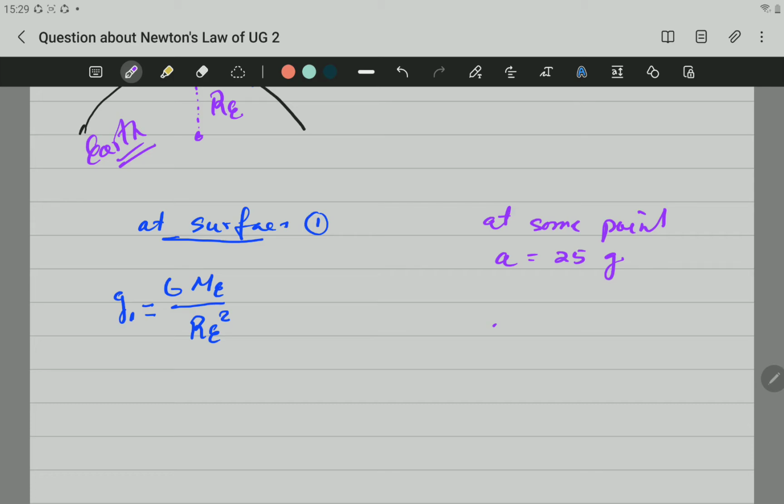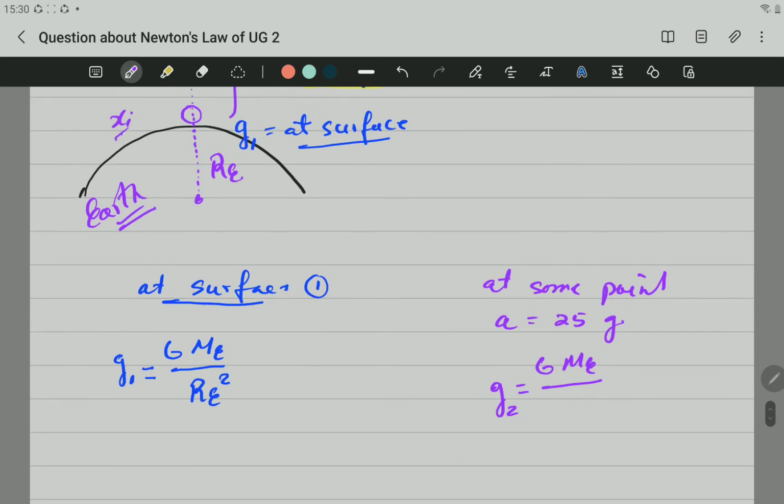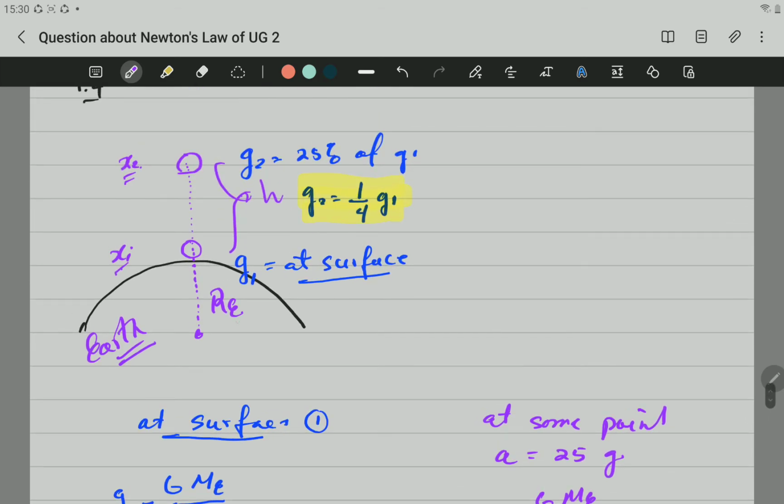So now then, the acceleration due to gravity there, g2, is equal to the constant multiplied by the mass of the Earth divided by the distance between the Earth and the satellite. But that distance is going to be the radius of the Earth plus this h. That is the total distance going from the center of the Earth to the satellite at the second point.